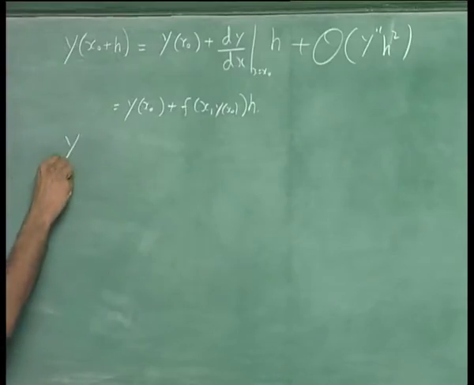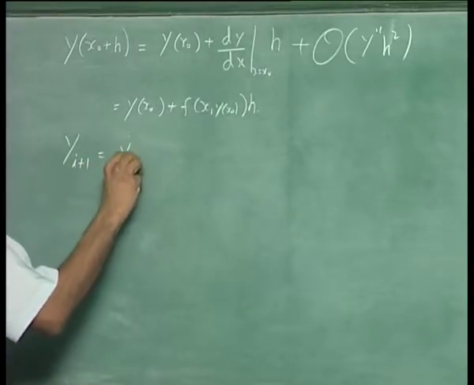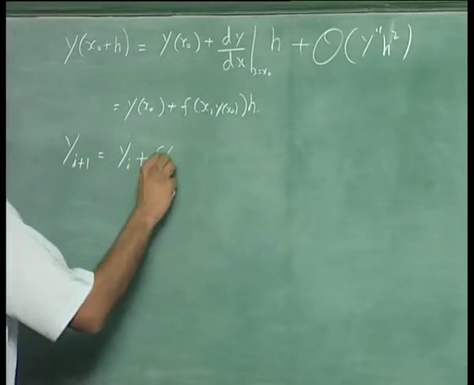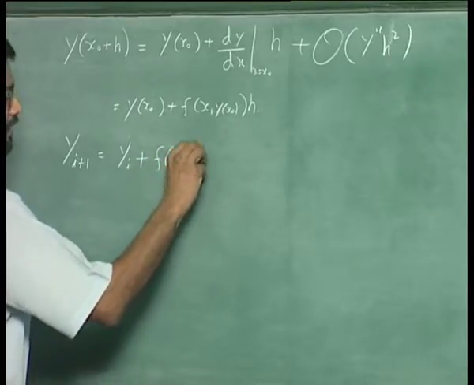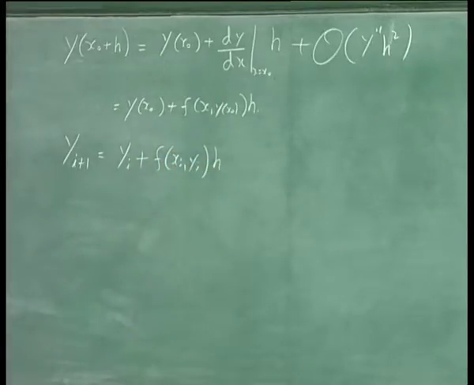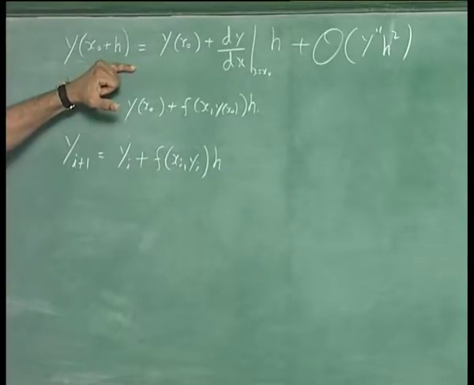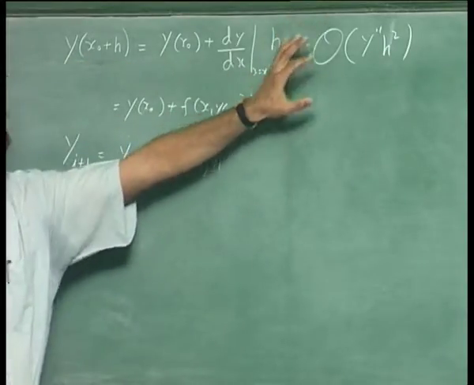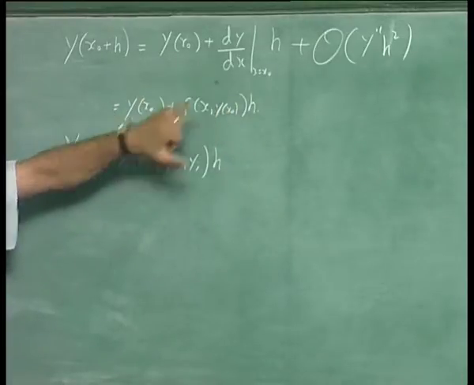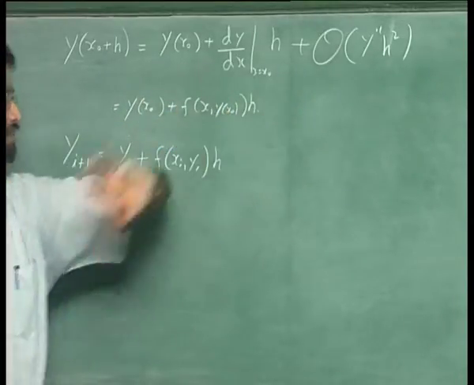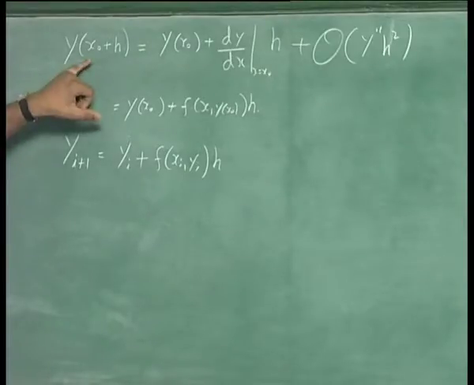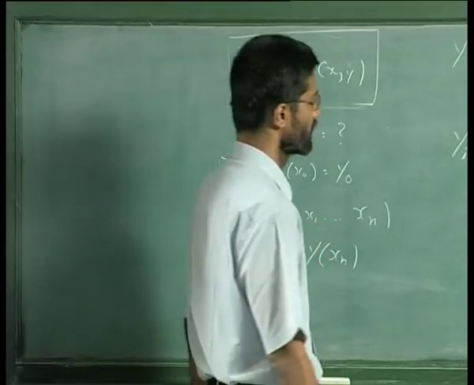So in general, I can write this as yi plus 1 is equal to yi plus f at xi, yi times h. I hope that's clear: we can take any point, Taylor expand around that point, and cut off the series at the first derivative, and then I have an error of the order h squared, h being the distance between the points, discretized here.